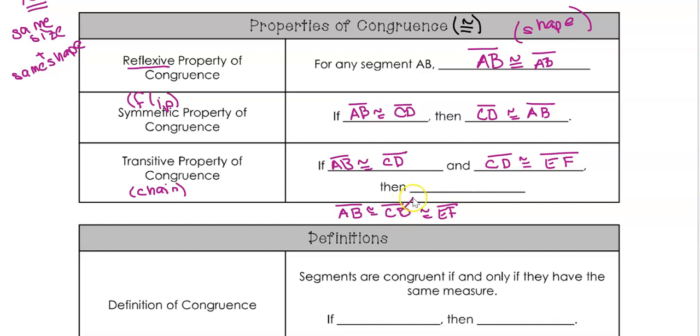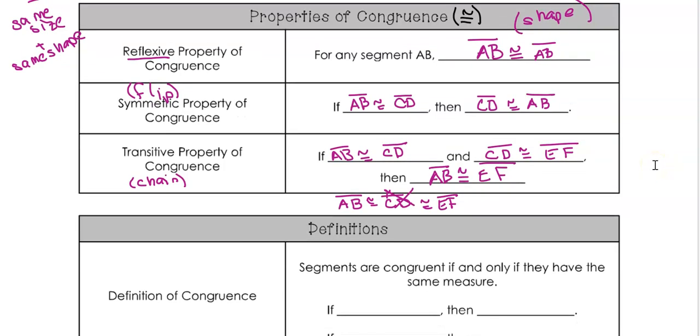So I can just take out that part in the middle, right? Just skip over that part in the middle and we get AB is congruent to EF. So these three properties of congruence were very similar to the properties of equality. We just say it is a property of congruence because now we're talking about shapes and we're using congruence symbols.